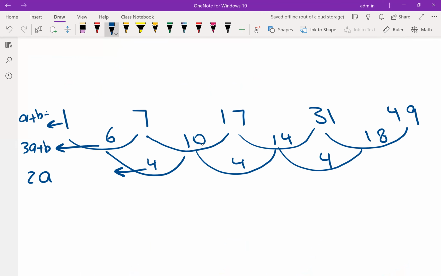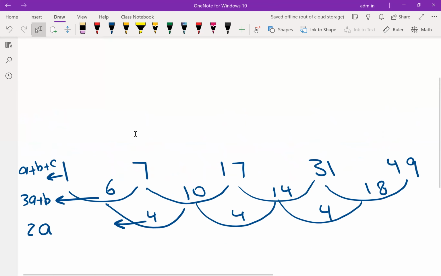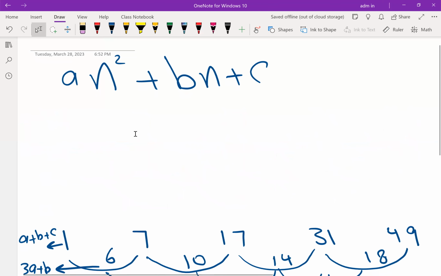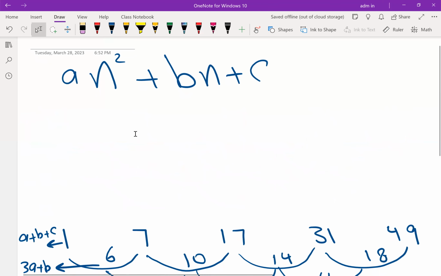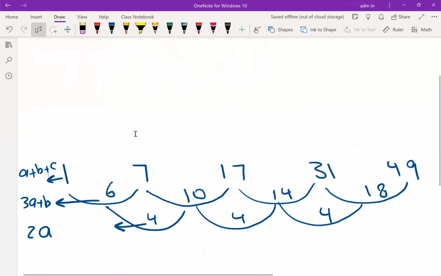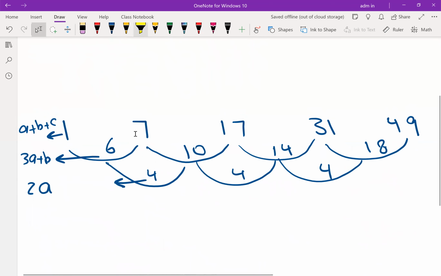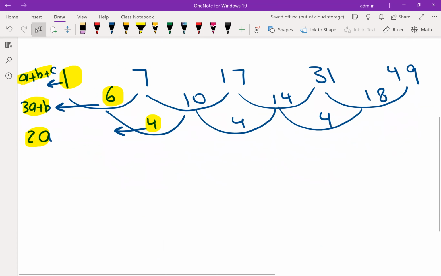Right, an squared plus bn plus c. We'll start from the end. 2a is the second difference. 3a plus b is the first difference. a plus b plus c is the first term. Now I will start to find the values of a, b, and c.